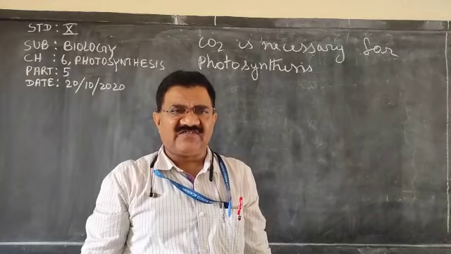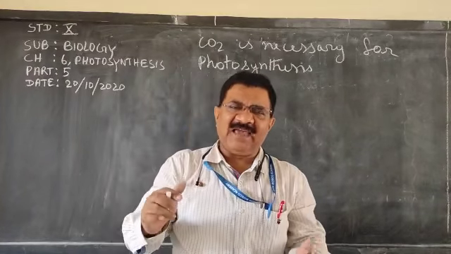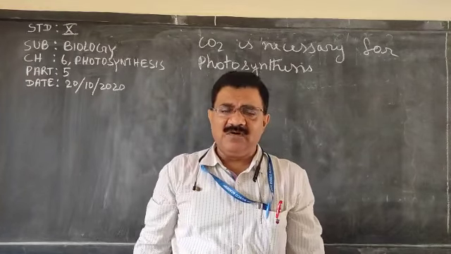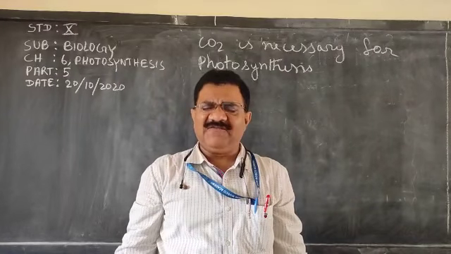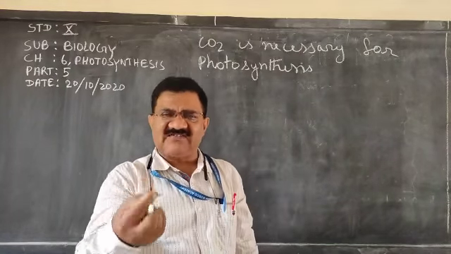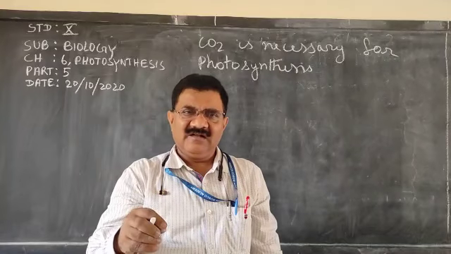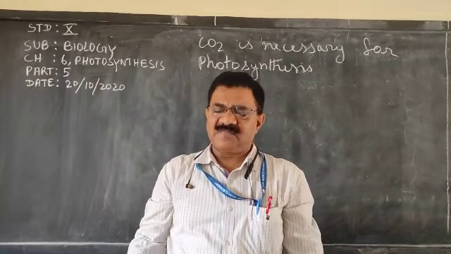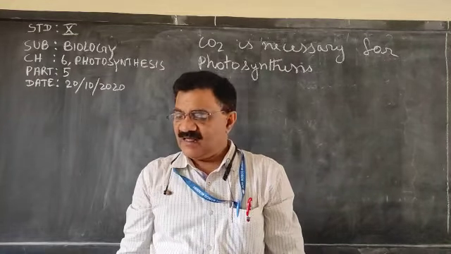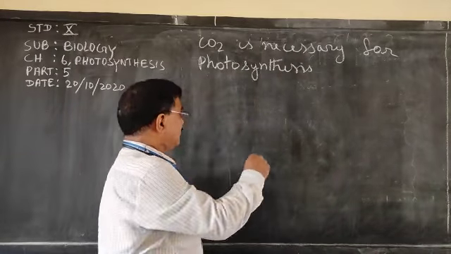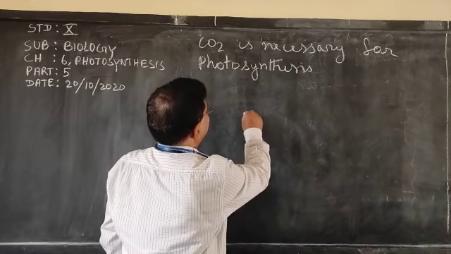We will de-starch the plant by keeping a potted plant in a dark room for 24 to 48 hours, so that the starch is sent to the storage organ. And now what we will do, it is a potted plant.